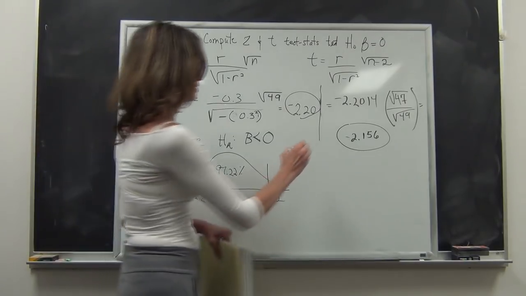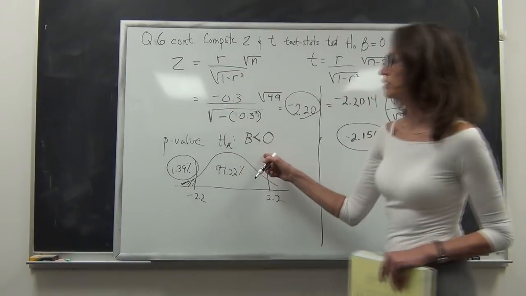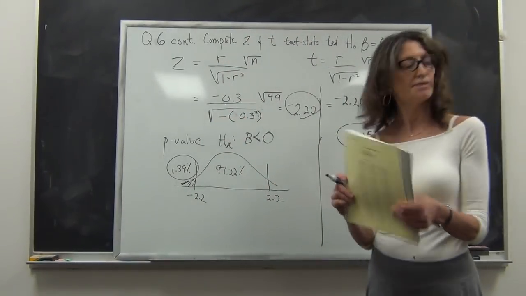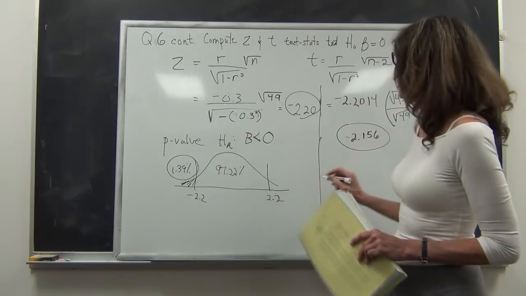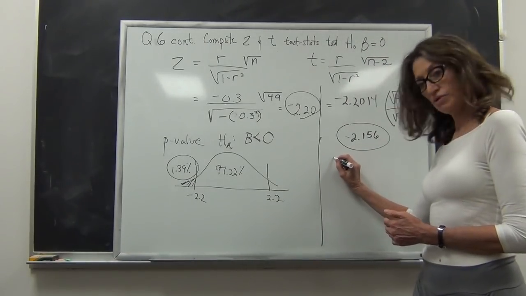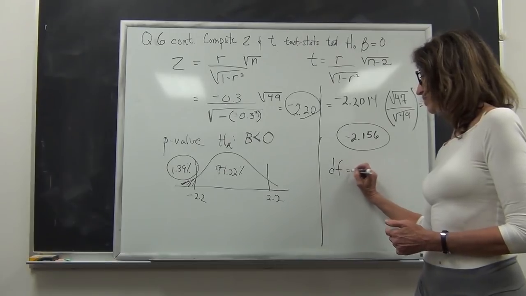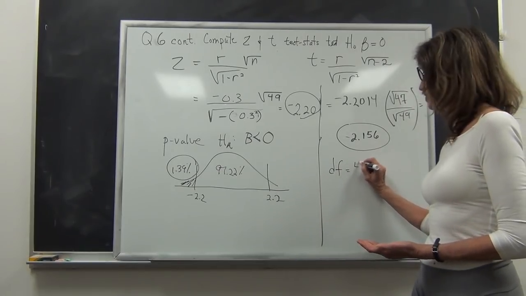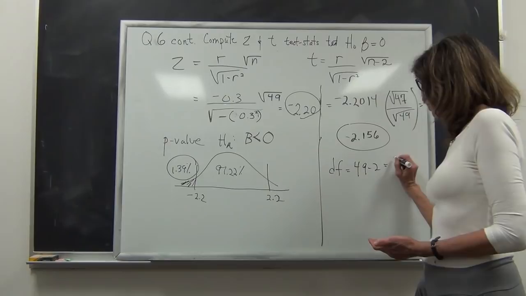All right, that's for using the Z, and then you also want to use the T. The T is a whole series of curves, so you have to say how many degrees of freedom. The degrees of freedom is n minus 2, which is 49 minus 2, 47.